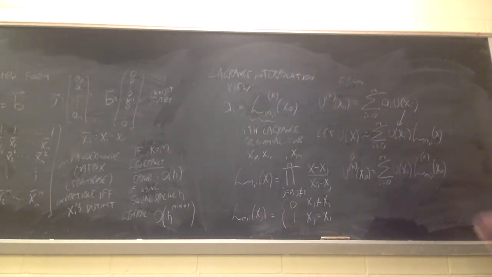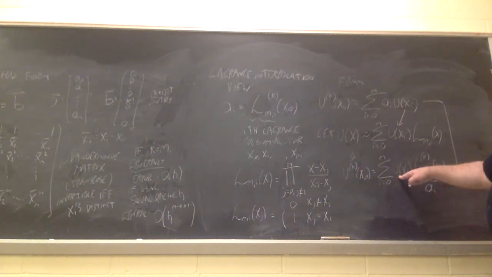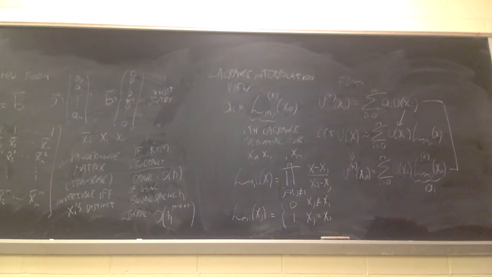So now, if I match this to this, that's ai. Because these match, so what's left? There you go. So that's the easiest way to see that you can use Lagrange polynomials to come up with finite difference approximations.